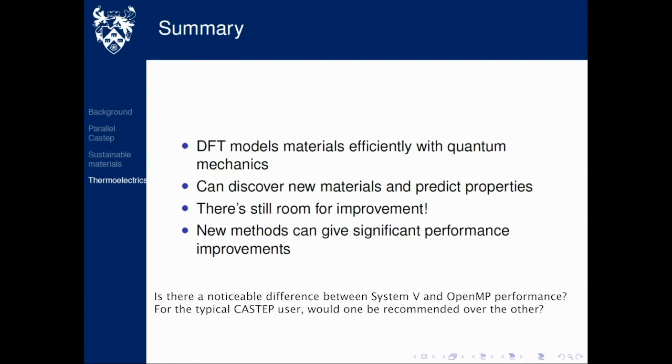With System 5, they do genuinely all have their own memory and they are copying it around. So in the communication, the OpenMP is faster. However, in the rest of CASTEP, the MPI is leaner and more efficient than the OpenMP. So actually, it's not a straightforward comparison. I have data for the difference for the AL3x3, for example, in ARCHER2 that I can share with you later if you like.